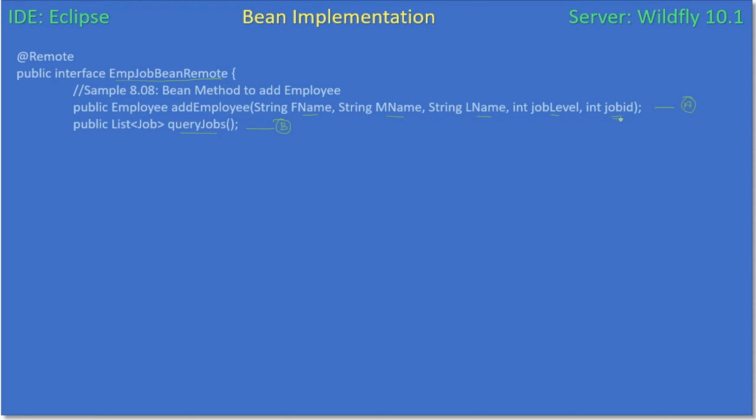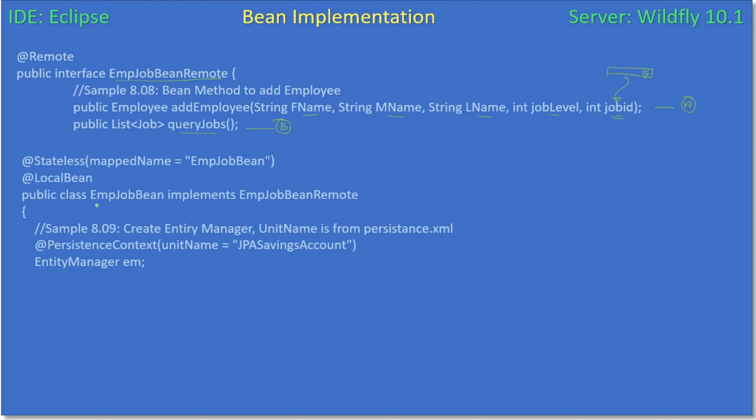This job ID is for mapping purposes. So this job ID will come from the combo box. The combo box we will load from the existing jobs by making use of this remote interface function. After that the user will pick and submit, and when they submit, the job ID will come to this add employee method of the remote interface.